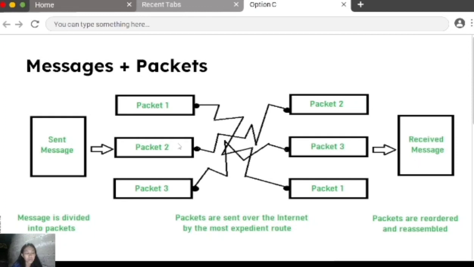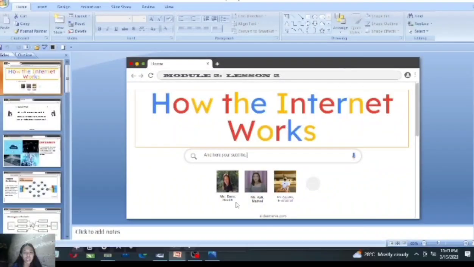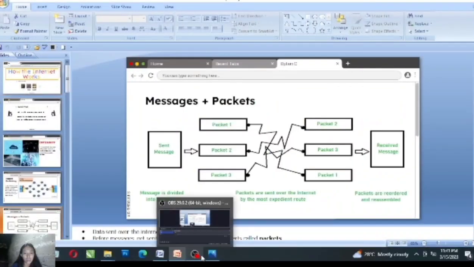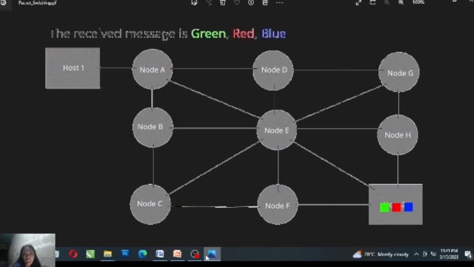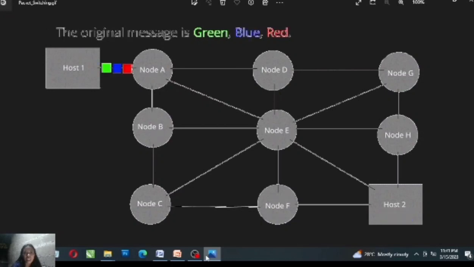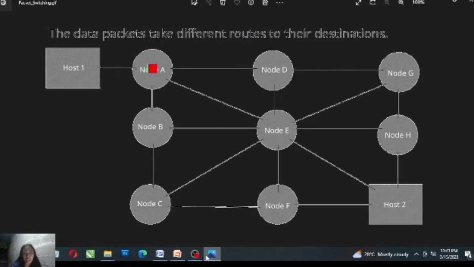I'll show a short clip of how the packets are reordered and reassembled. The data packets take different routes to their destination. From host 1, the packets are ordered green, blue, and red.